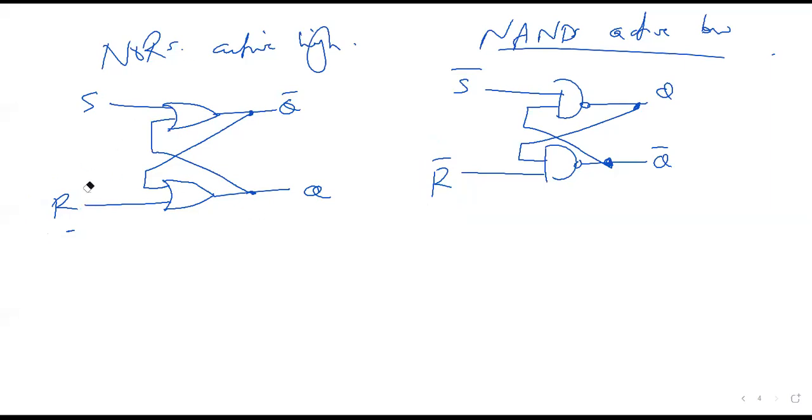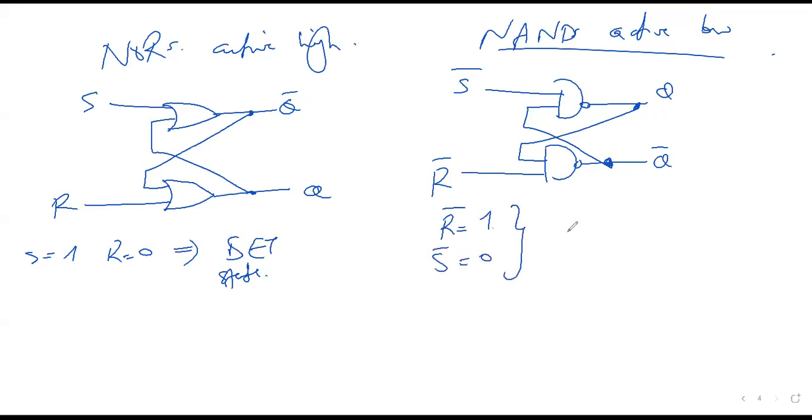So what this means, if I have for input high, if I have S equals 1 and then R equals 0, this means this is my set state. Then for the inputs active low, I will need my R bar equals 1 and my S bar equals 0.